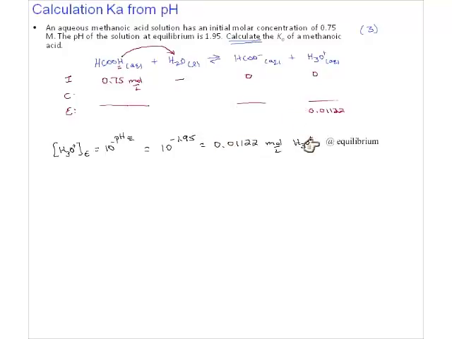All right, we've got our ICE table set up again. Once again, we started with none of this stuff. The only thing that was put in this test tube, it says, was 0.75 molar methanoic acid. So if this guy goes up by 0.0122, we started with nothing, then the HCOO- goes up by 0.0122, which means now we know the HCOO- concentration is 0.01122.